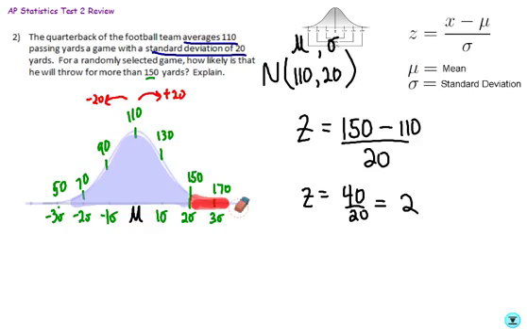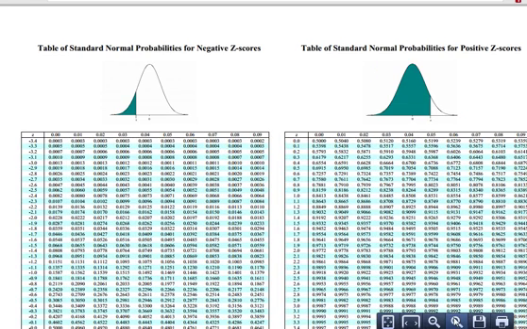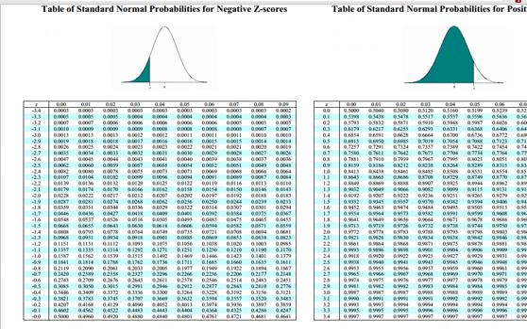So if we go to our table and look for 2 standard deviations, let me zoom in a little bit on this. If you notice, for 2 standard deviations, we get 0.9772. So that's telling us that 2 standard deviations represents almost 98% of the graph, right? Because remember with the decimal, you have to slide it over 2 places.